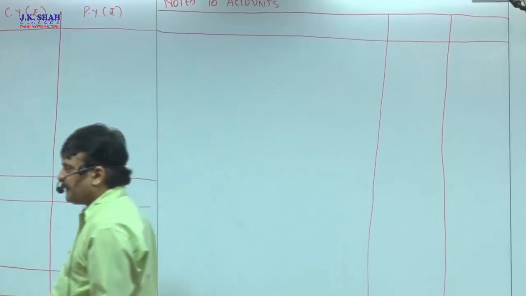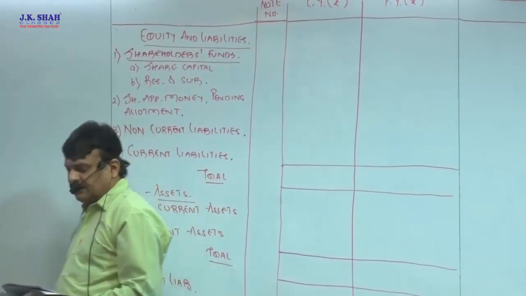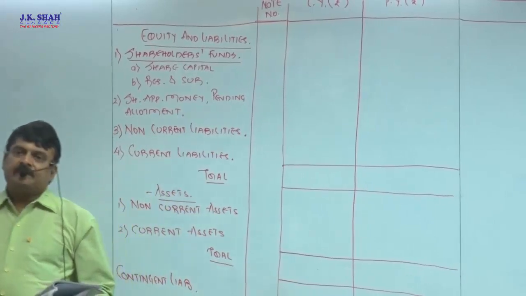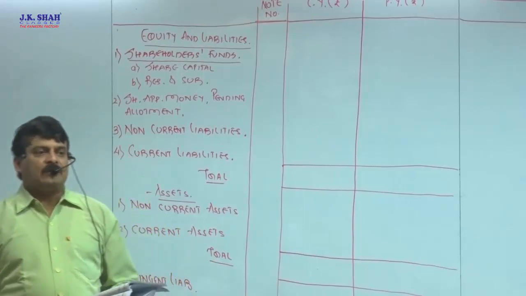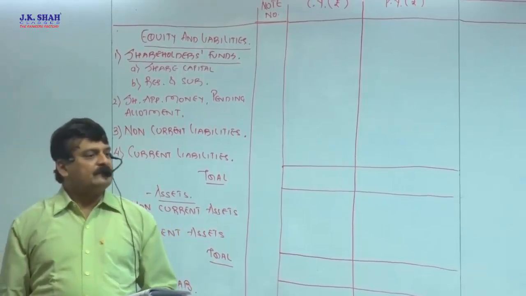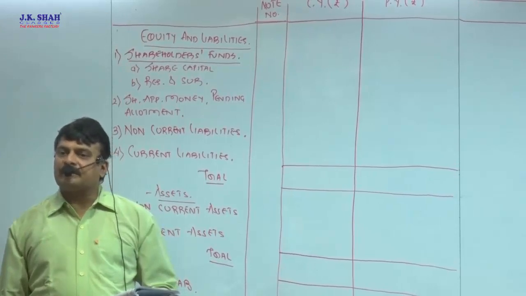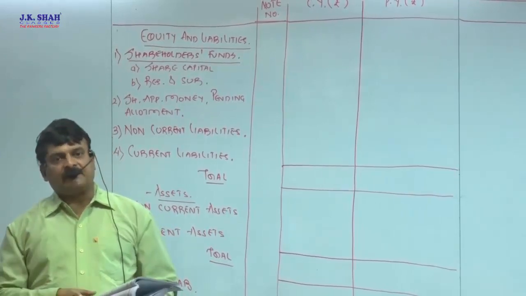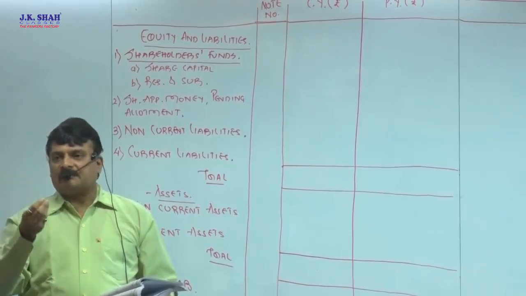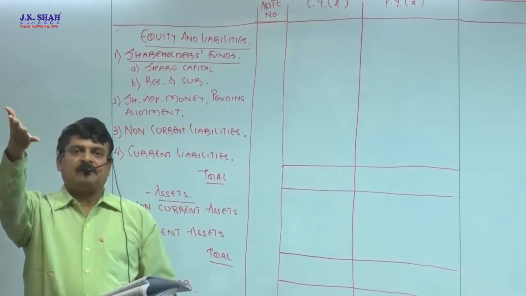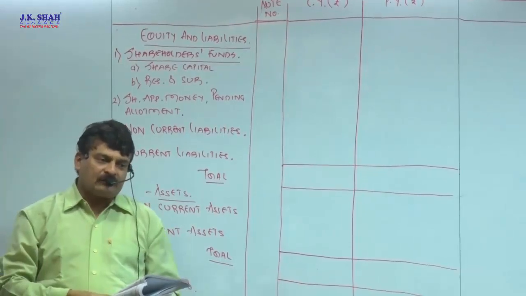Last one, current liabilities. Under the head current liabilities, first one, short-term borrowings, loan taken for short term. Best examples, bank overdraft, cash credit. Any loan which we took, which is normally repayable within 12 months, is called a short-term borrowing.